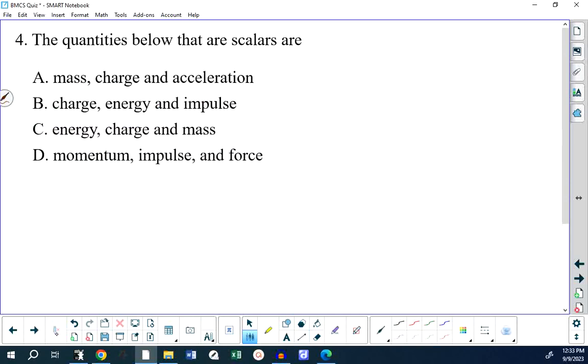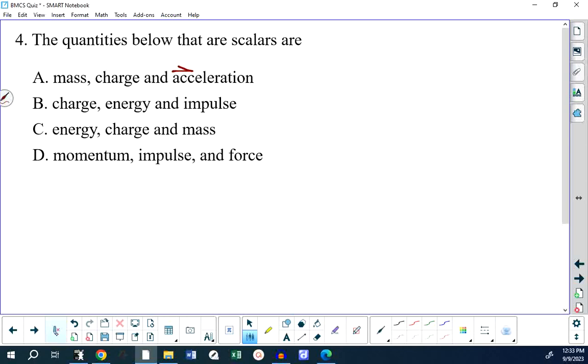When we look at number 4, this is from lesson 1, where we reviewed scalars and vectors from physics 20. I would say, though, that we've talked about scalars and vectors enough that you should know that anything with a direction is a vector. From physics 20, you should know that acceleration has a direction, so it's a vector.